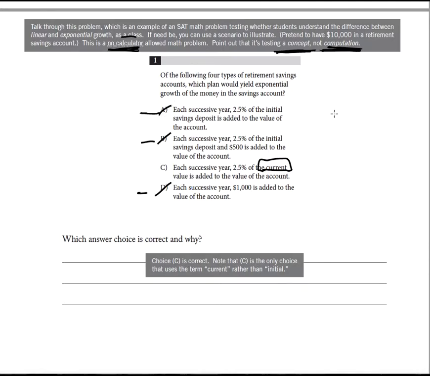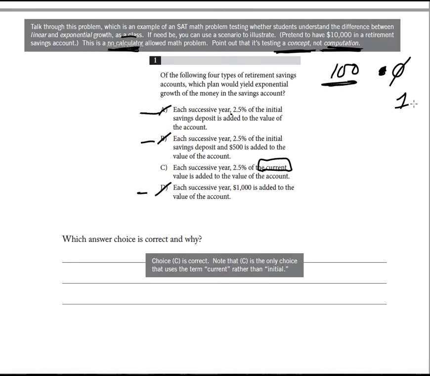If I were to make this real, one technique you can use if you're ever in doubt, if you're ever like, well, I don't really know here, is to put in some numbers. What if I start with $100? With choice A, if each successive year 2.5% of the initial $100 is added, well, the first time it would be $100, that's my start, basically at 0.